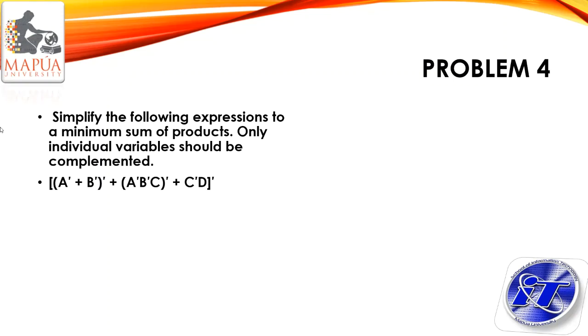One is we're going to evaluate first each term and then evaluate later the main negation. Or we're going to evaluate first the main negation and then later we're going to evaluate the different terms.